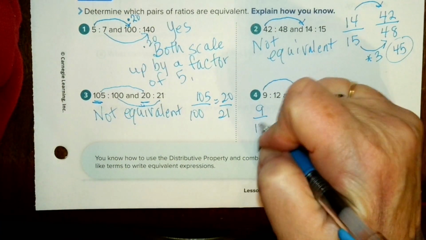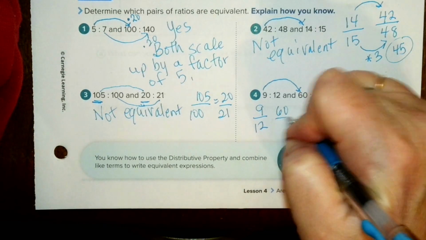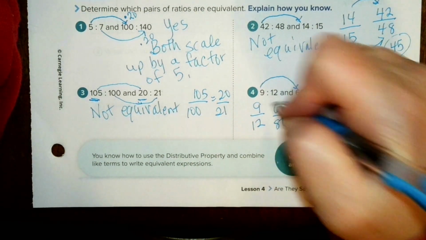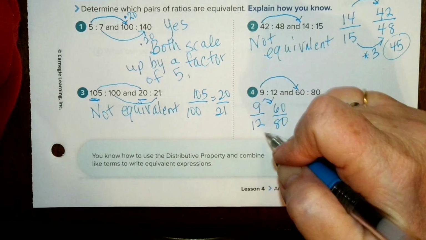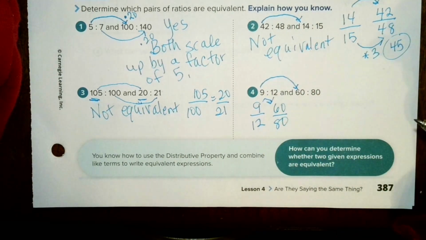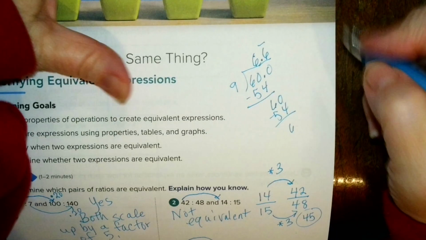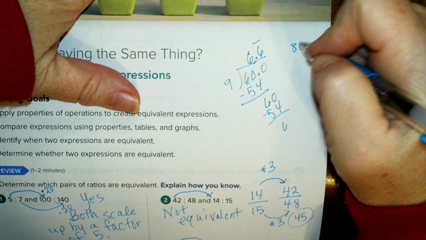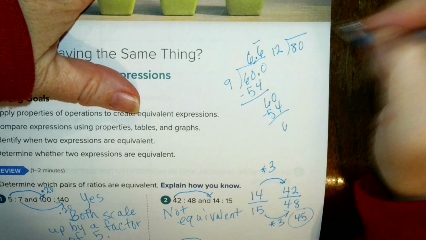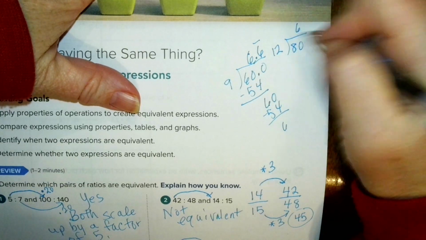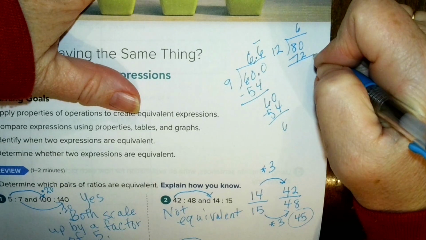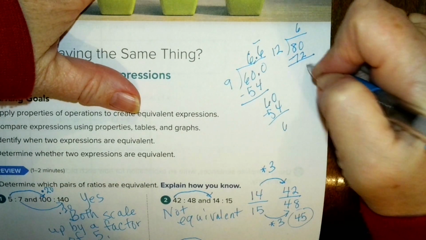So 9, 12, 60, 80. So for here I get 6.6 repeating. So do I get the same thing for 12 to 80? I'm going to show you another way to do that one too. 80 divided by 12. Well, I can get 6 whole groups out because that's 72. And then when I subtract, I get 8.